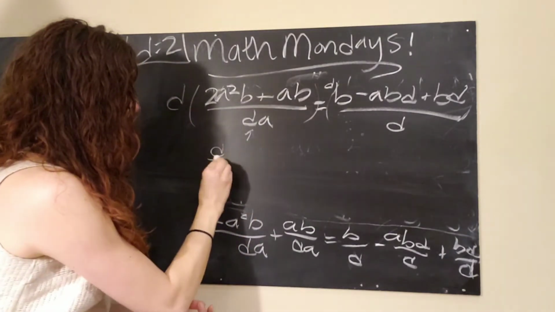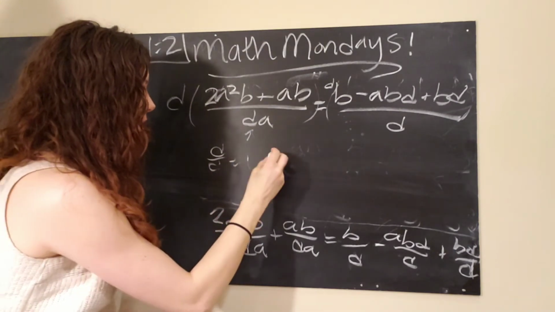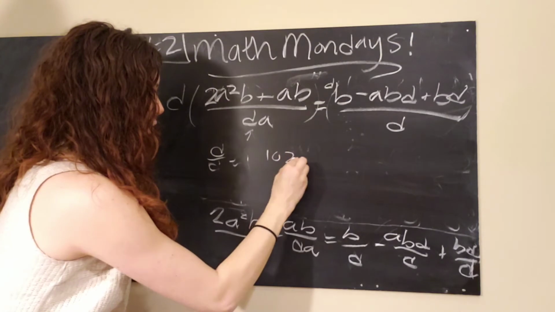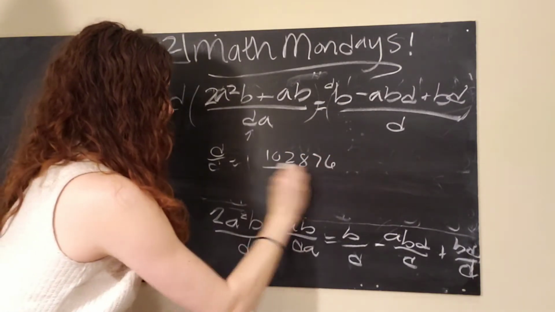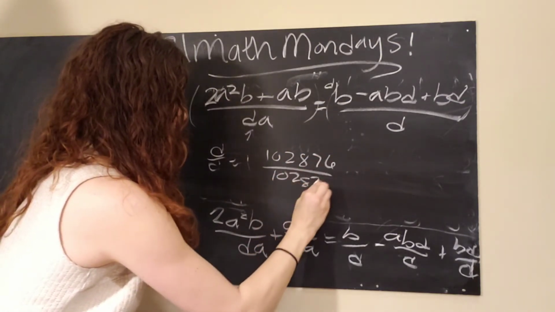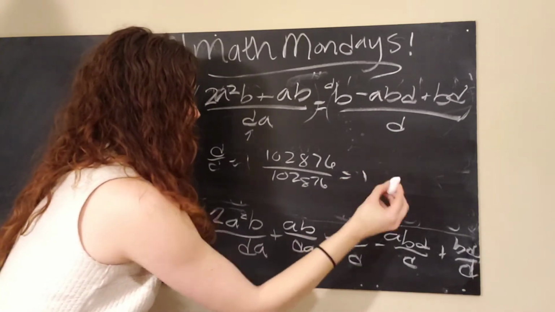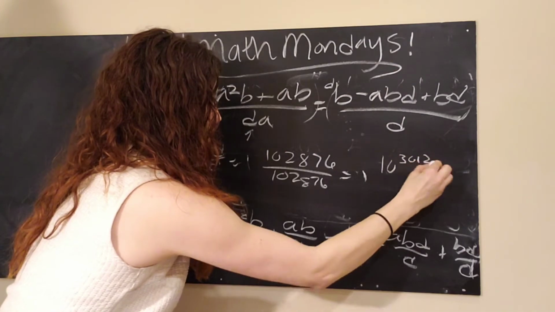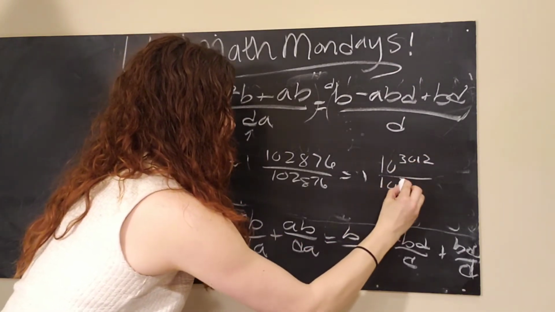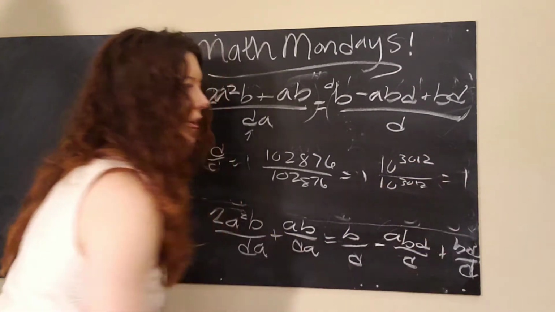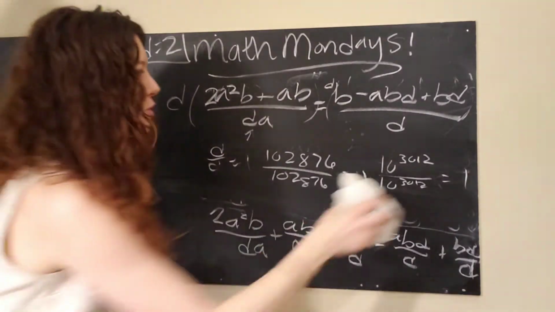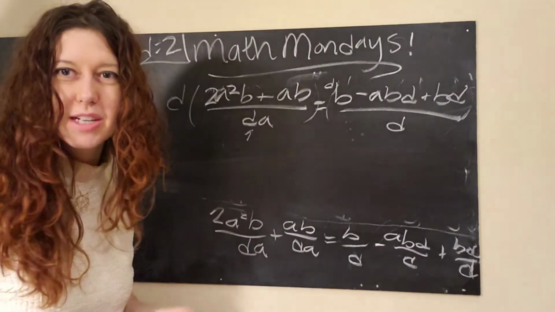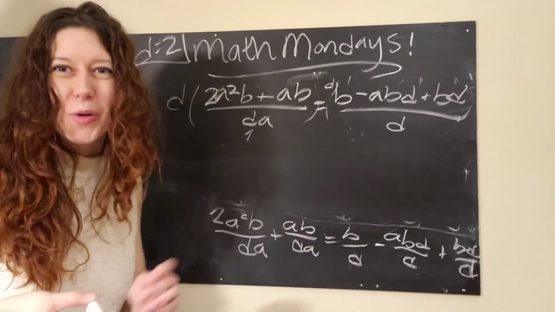Because d over d equals 1, just like 102876 over 102876 equals 1, just as 10 to the 3012 over 10 to the 3012 equals 1. You get the point. If you divide something by itself, you get 1, because that thing only goes into itself one time. Pretty cool, right?